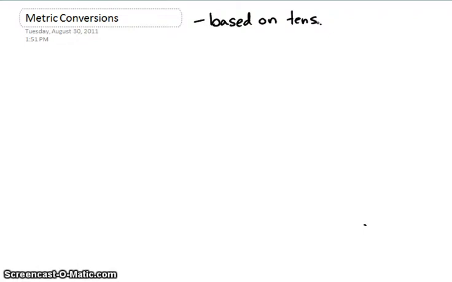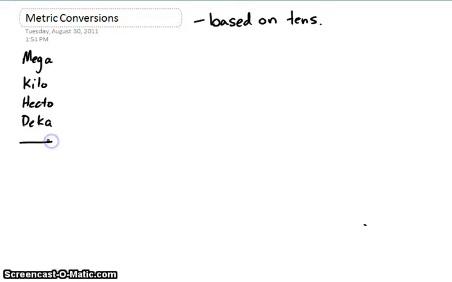Since it's based on tens, we have a list of prefixes that we use to show which unit of 10 we're discussing. We're going to go in order from biggest prefix to smallest. These are the ones you must know. There are more, but these are the ones I require. Mega, kilo, hecto, deca.